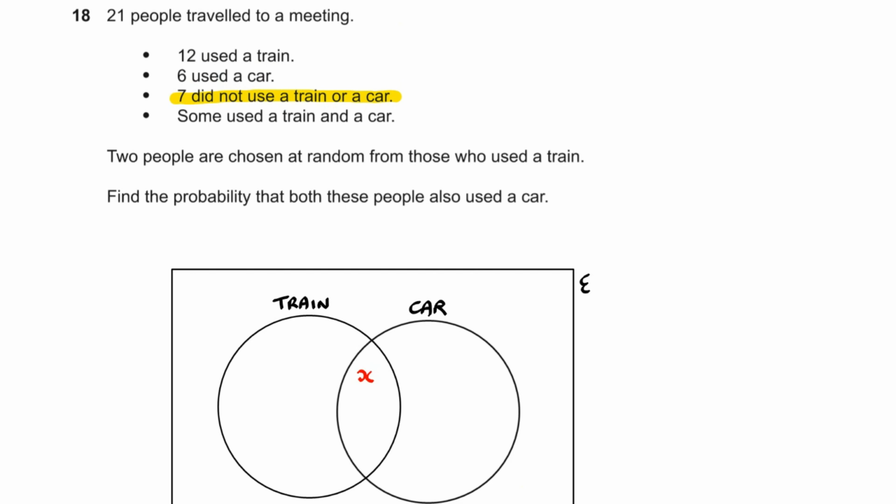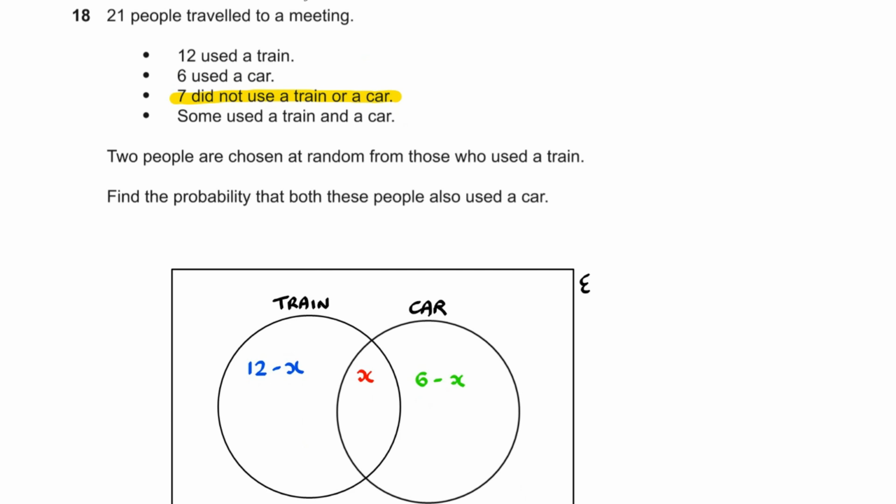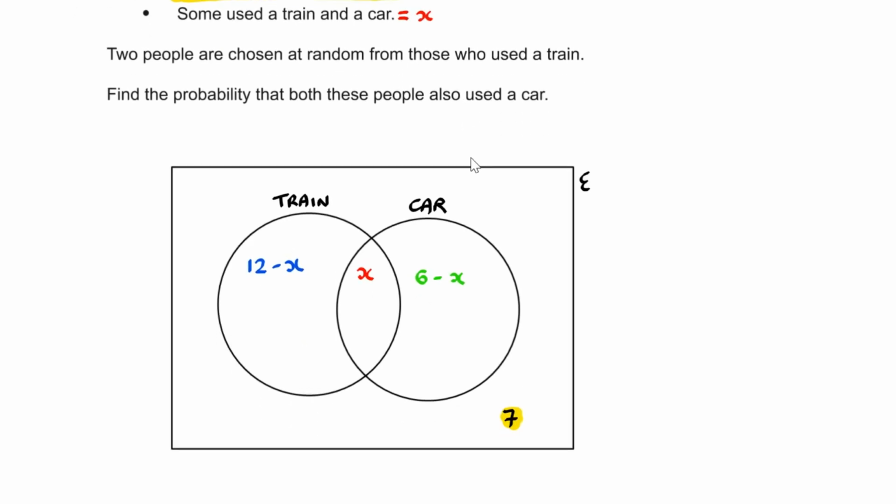So those who used a train only would have 12 for all of the train, take away X who used both, so here we'd have 12 minus X, and here for the car we'd have 6 minus x. And of course here, those who used a train and a car is equal to x.